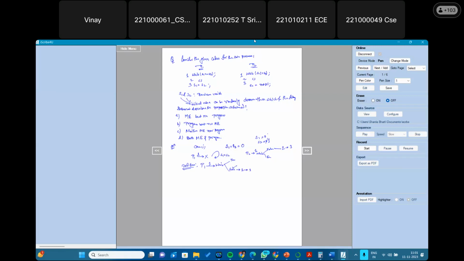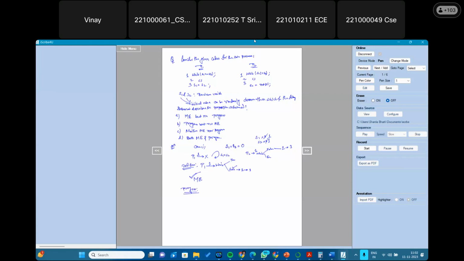Then S1 is made equal to S2, which is 1. Again P2 will be executed, then P1. Here strict alternation is achieved and no two processes are in the critical section at the same time. So we can say the given protocol achieves mutual exclusion. Right. So what about progress? Let us check for progress.